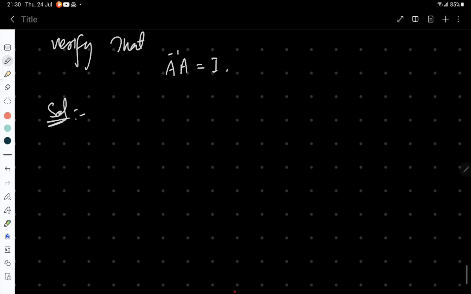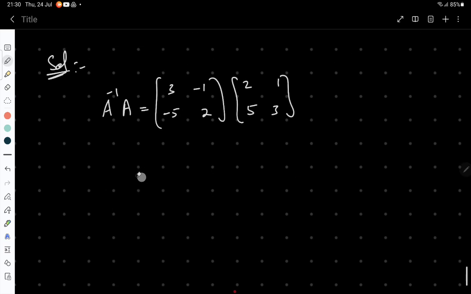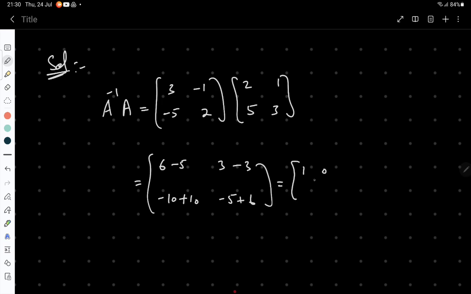Here is the solution. You have to just multiply A and A inverse. Here is A inverse, 3 minus 1 minus 5 2, and here is A. If we multiply both, we get 6 minus 5, 3 minus 3, minus 10 plus 10, minus 5 plus 6, which is identity matrix.